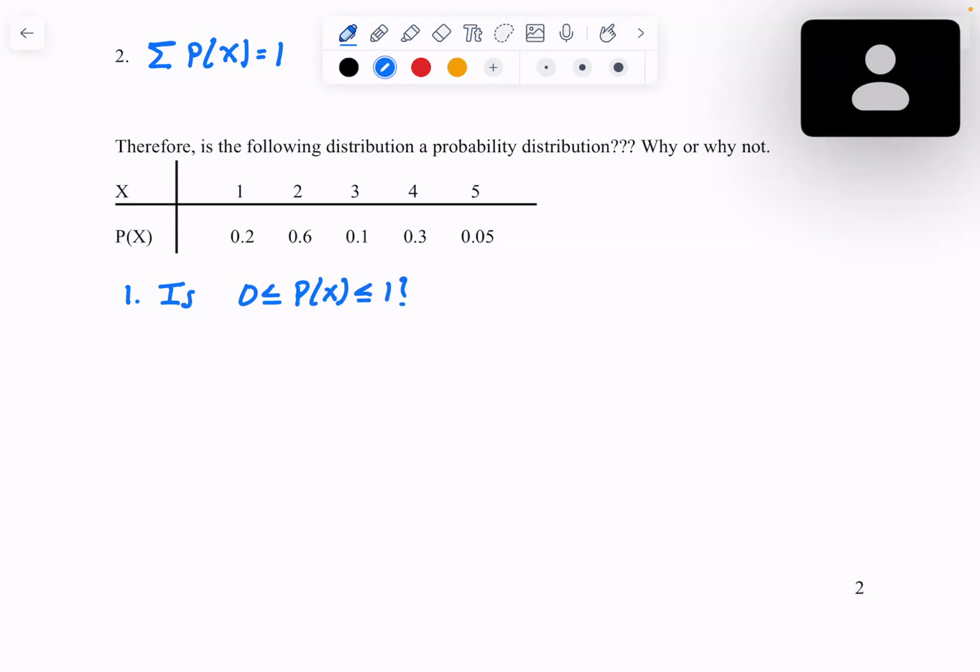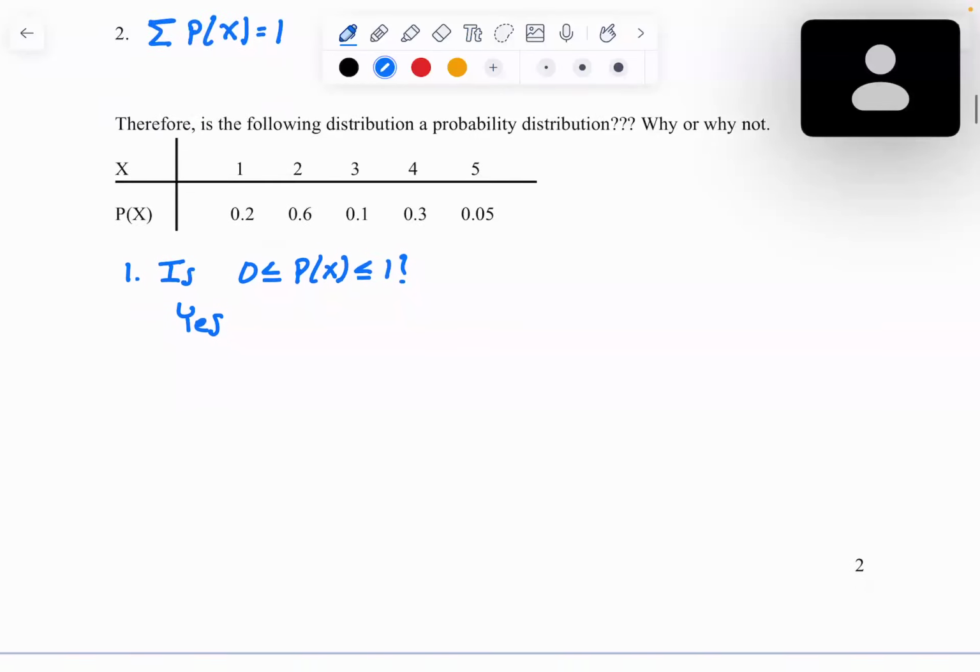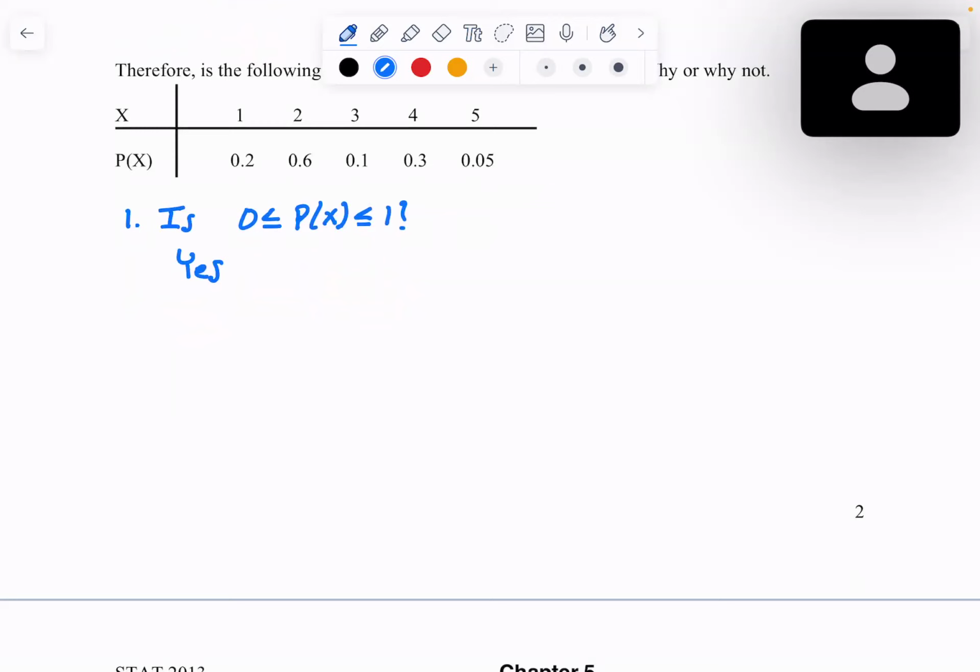So 0.2, yes, it's in there. 0.6 is in there. 0.1 is in there. 0.3 is in there. And 0.05 is in there. So yes, in this case, all the probabilities are between 0 and 1, including 0 and 1. So now, let's look at the second condition. Do they sum to 1?